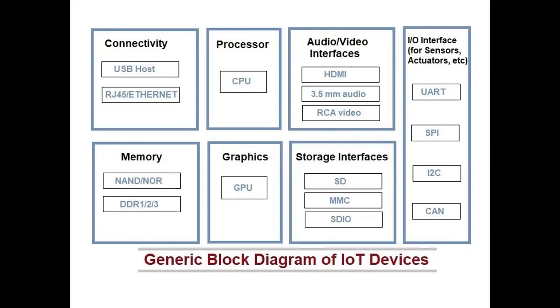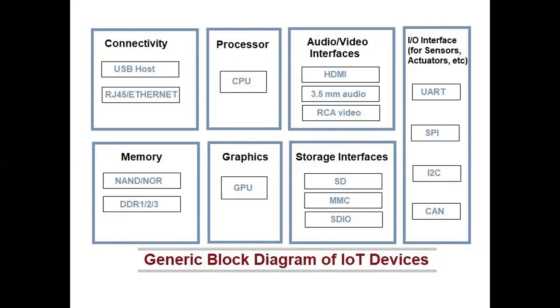Next, there will be memory, which can be of different sizes. Then there will be audio video interfaces such as HDMI, 3.5 mm audio, and RCA video. There will be storage interfaces like SD, MMC, SDIO, and IO interfaces for the sensors and actuators like UART for asynchronous serial communication, SPI, I2C, CAN.